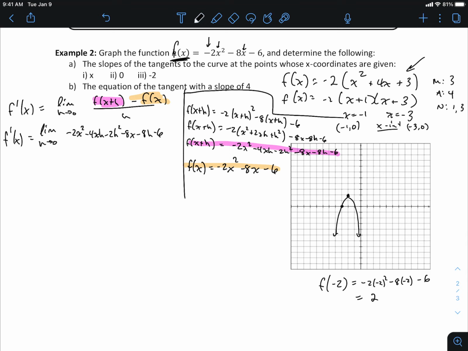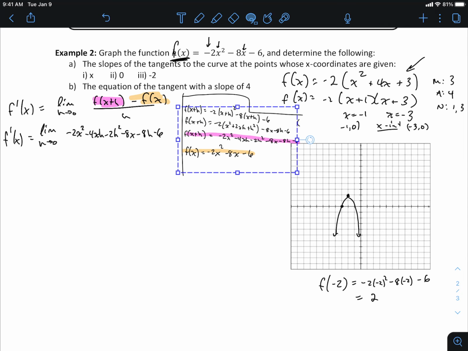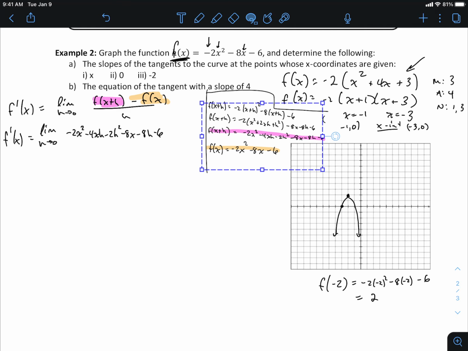Right, and don't forget, you've got to subtract off, and this is where everybody gets messed up, minus this function.